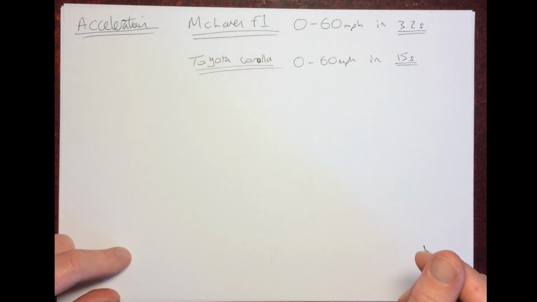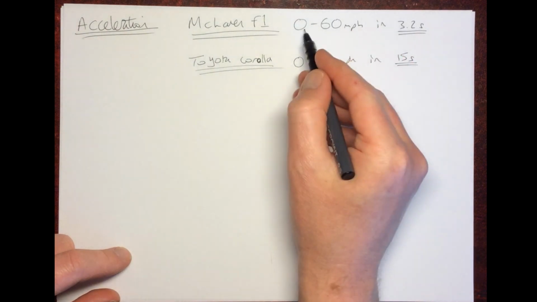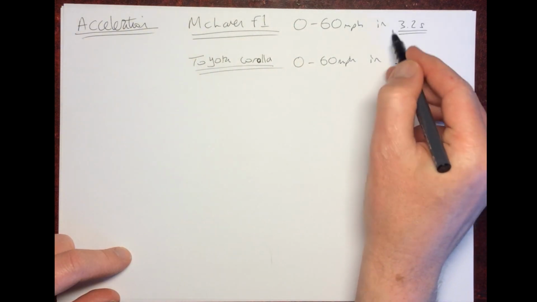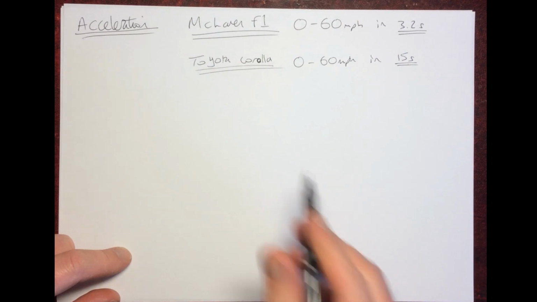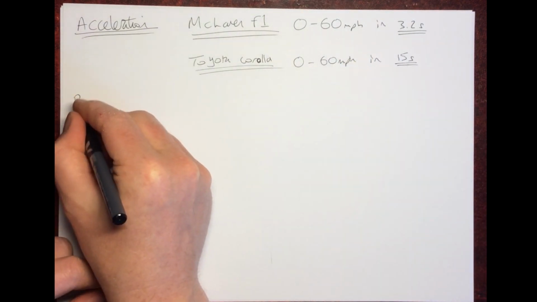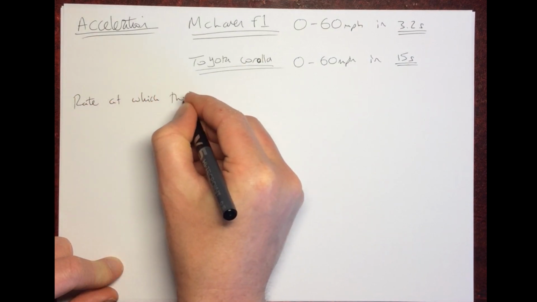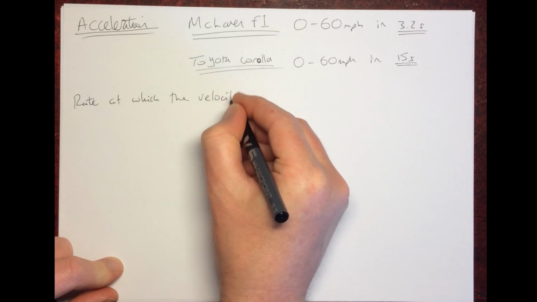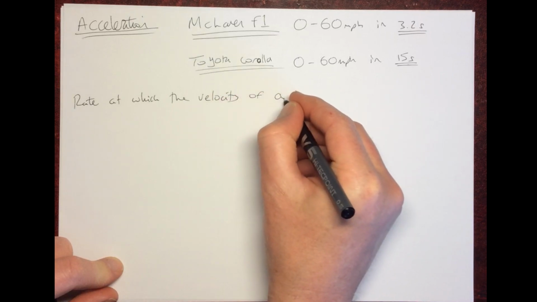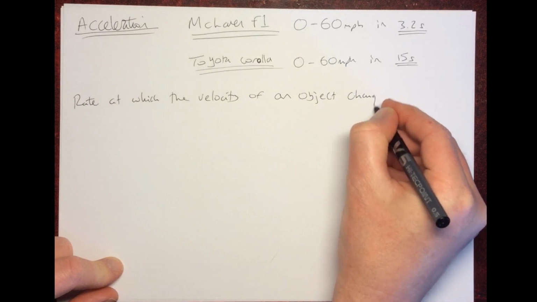Which one's got the better acceleration? Well, obviously, it's the McLaren F1. It can reach 60 miles per hour in a much smaller time. And that's what acceleration is all about. Acceleration is the rate at which the velocity of an object changes.